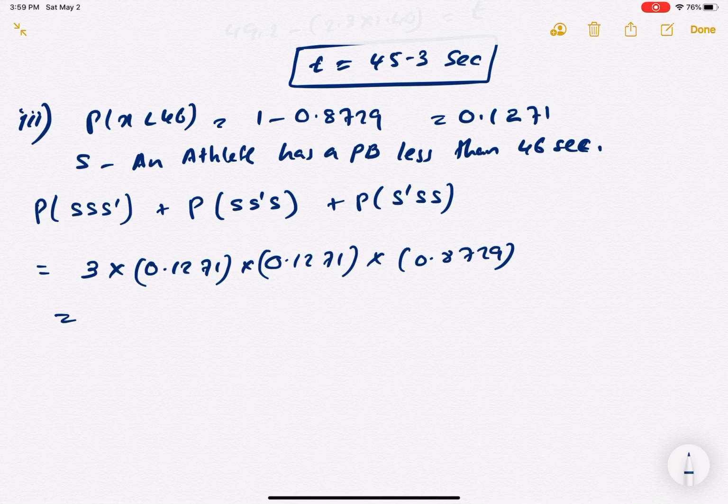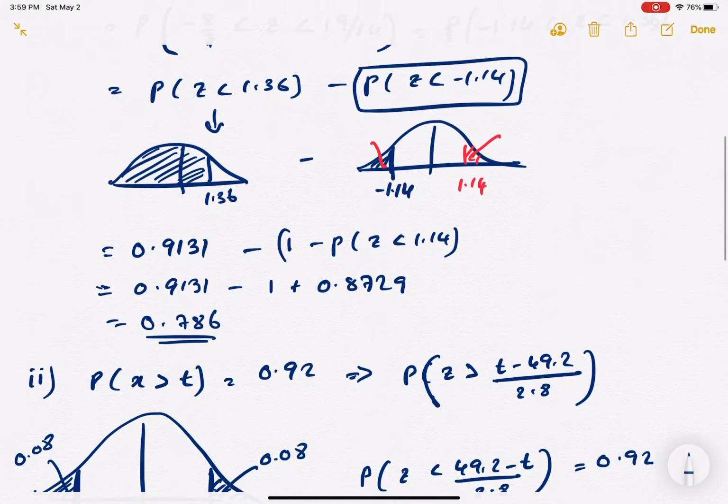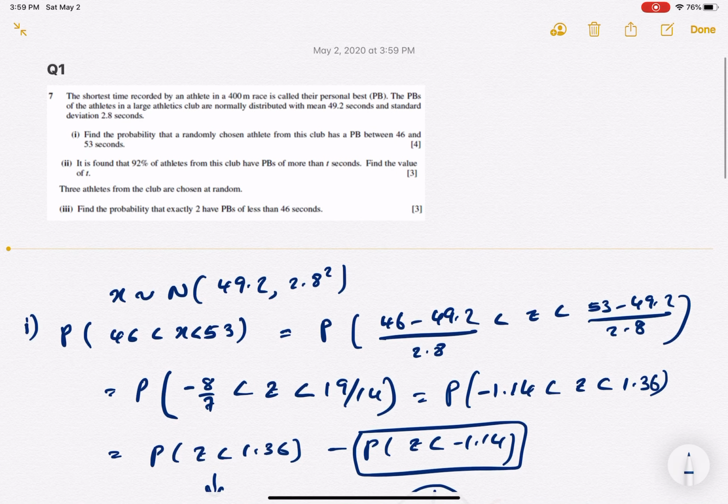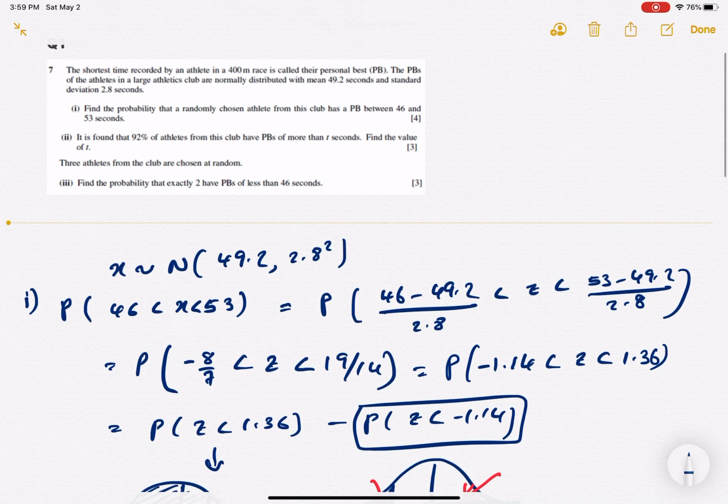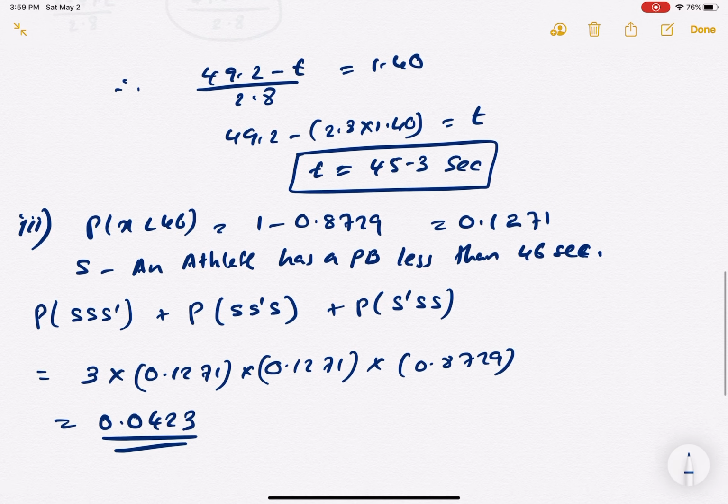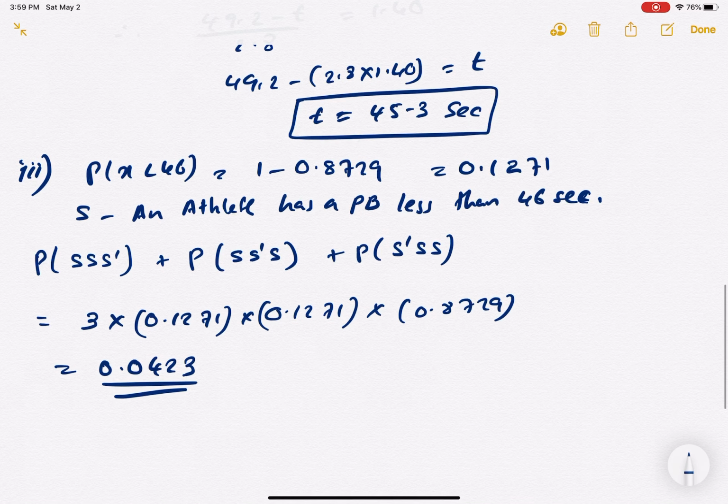This gives you 0.0423 as the answer. So that's the whole question. Let me go back again. They say exactly 2, so this is the probability where it has exactly 2. All right, thank you.